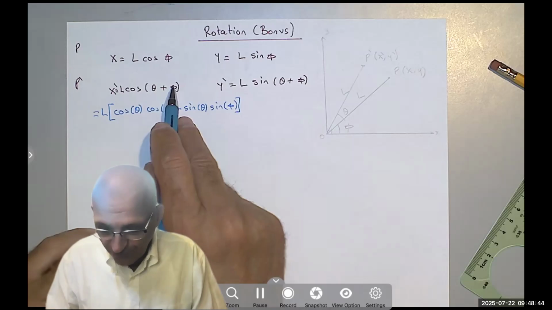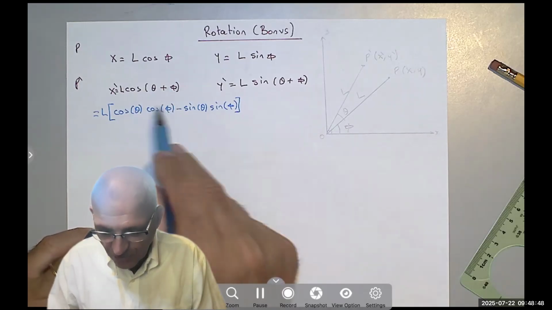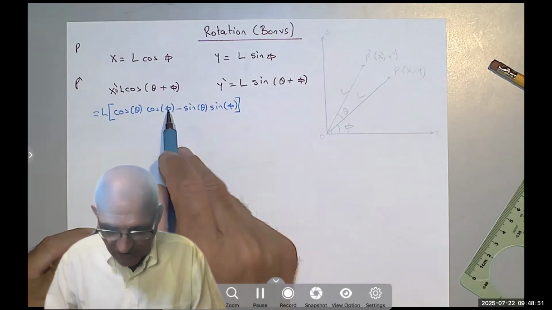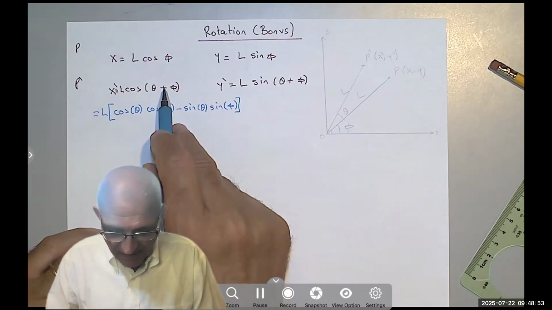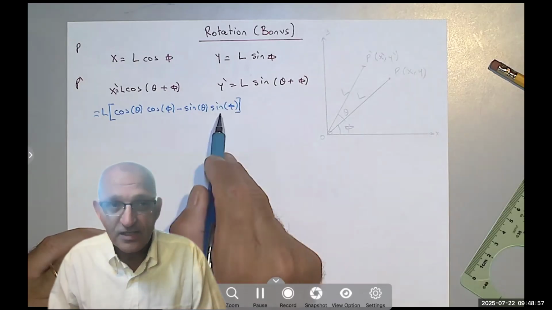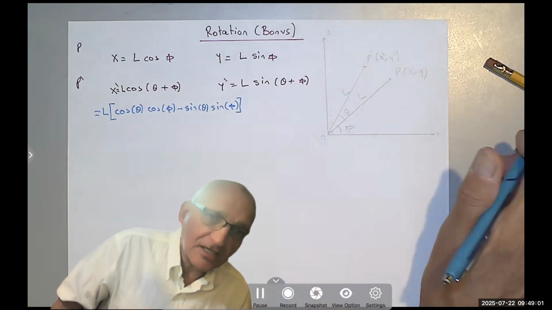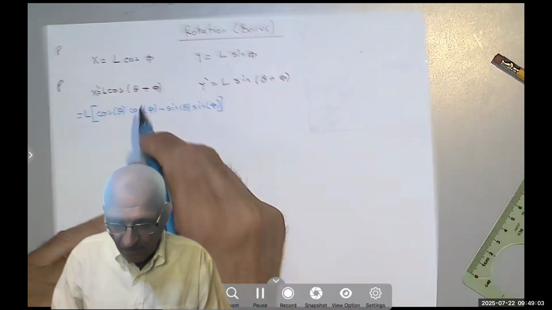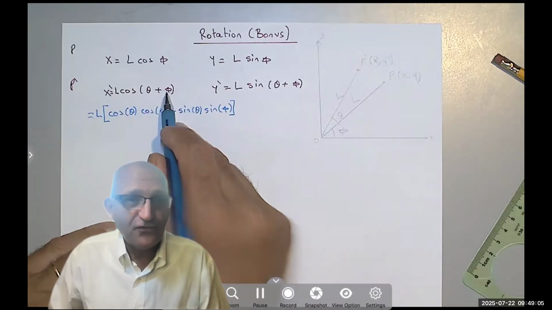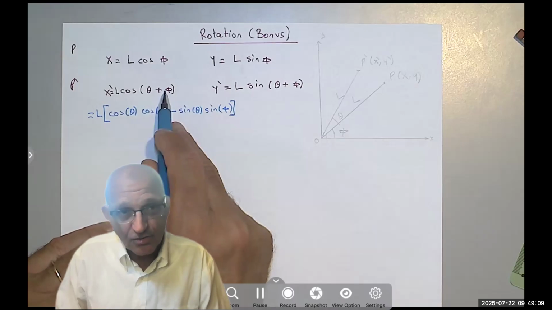Let's see if we do theta and theta. So that would be cosine theta, cosine theta. Notice that was a minus. So I would say plus sine theta, and you get sine square plus cosine square, which we know is 1. So it's very easy to check. Or you make that pi over 4 and pi over 4. Why? Because I know that cosine of pi over 2 is 0.